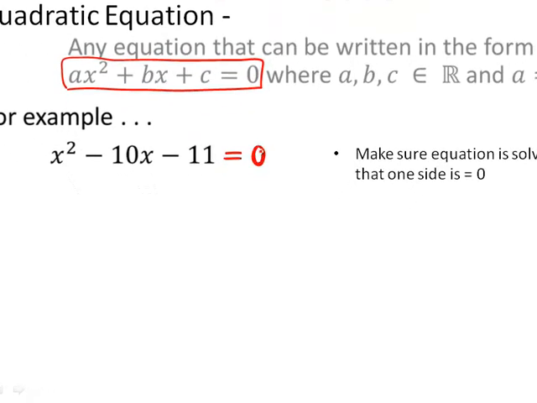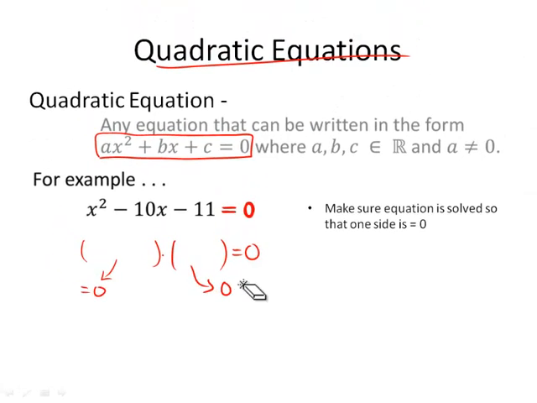We know that when things are equal to 0, especially if we could factor this and put it into factors where you have something times something equals 0, we know that either this factor equals 0 or this factor equals 0, which comes from the zero property. So it's very important that you have one side equal to 0, because that property does not work for any other number.